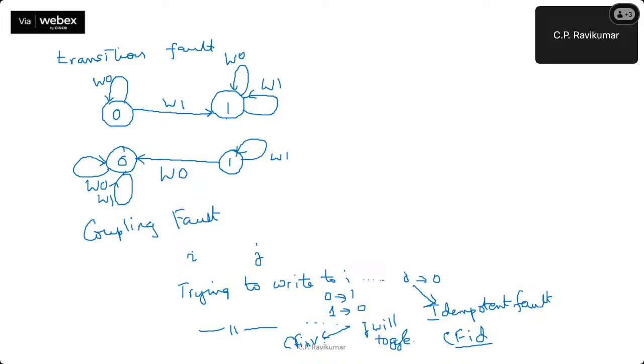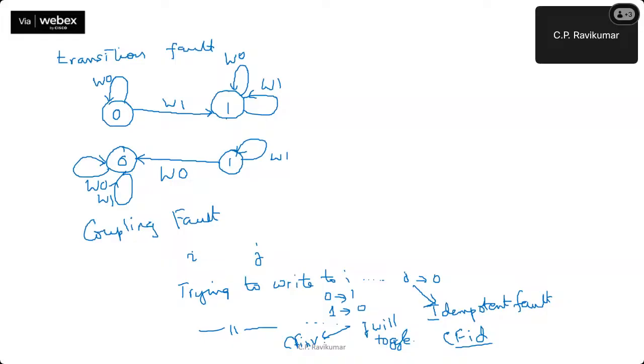If it does not contain that one, then it may have a transition fault. So it is unable to change to the new state. It may have a 1 to 0 transition problem or a 0 to 1 transition problem. So we can test for a transition fault by trying to write a sequence.